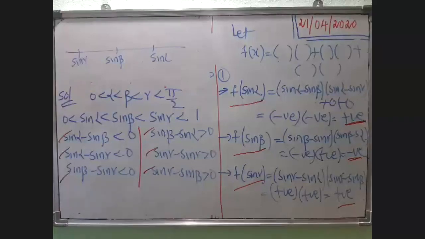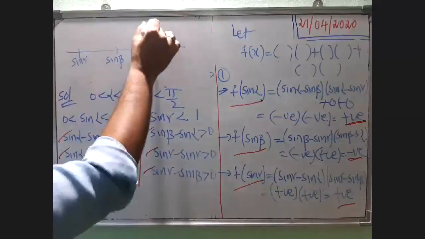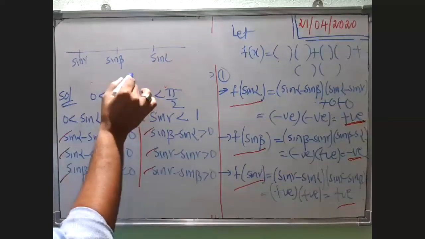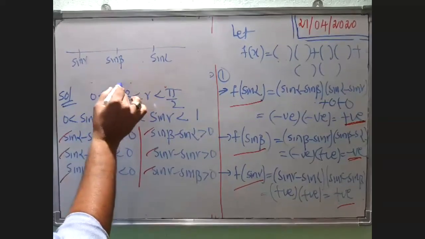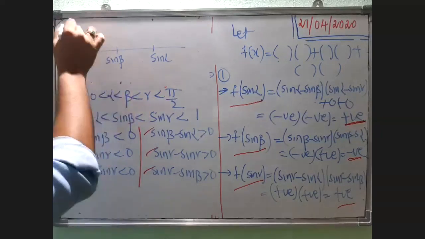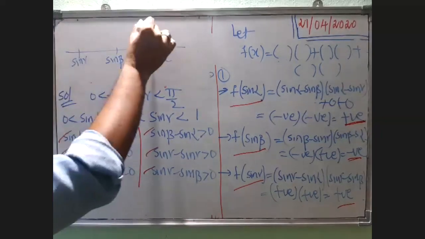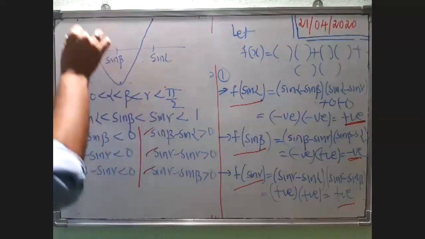Sin alpha value is positive, so it is somewhere here. Sin beta value is negative, so it is like this. Sin gamma is positive. So I have to get a curve like this, something like this.